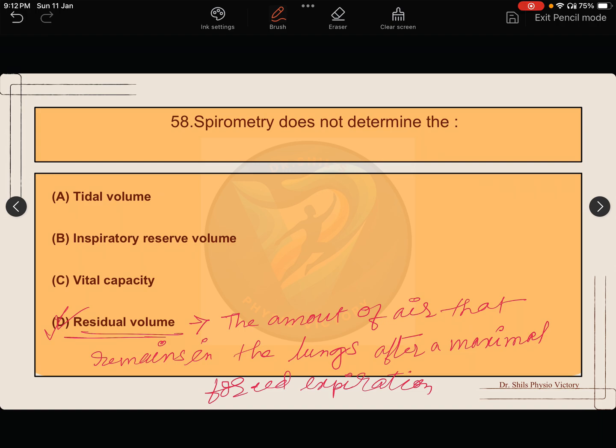What is vital capacity? Vital capacity is inspiratory reserve volume plus tidal volume plus expiratory reserve volume.